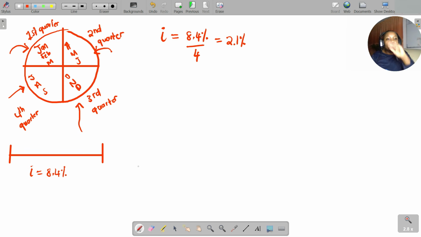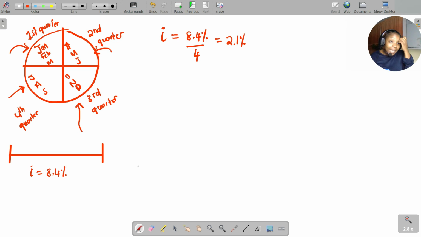So in the first quarter, they add an interest of 2.1%. In the second quarter, they add 2.1%. In the third quarter, 2.1%. In the fourth quarter, 2.1%.